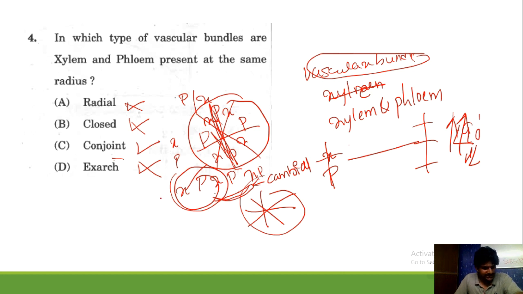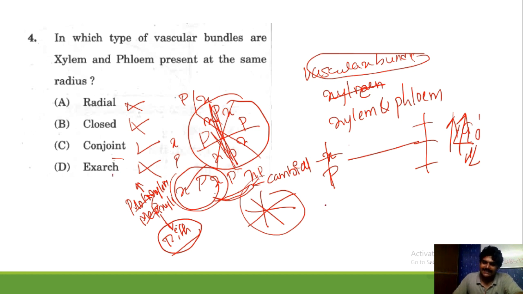Here the protoxylem is arranged towards the periphery, and the metaxylem is arranged towards the center, that is, towards the pith. That kind of arrangement we call exarch. So no such question arises that a radial manner of arrangement can be seen in exarch.